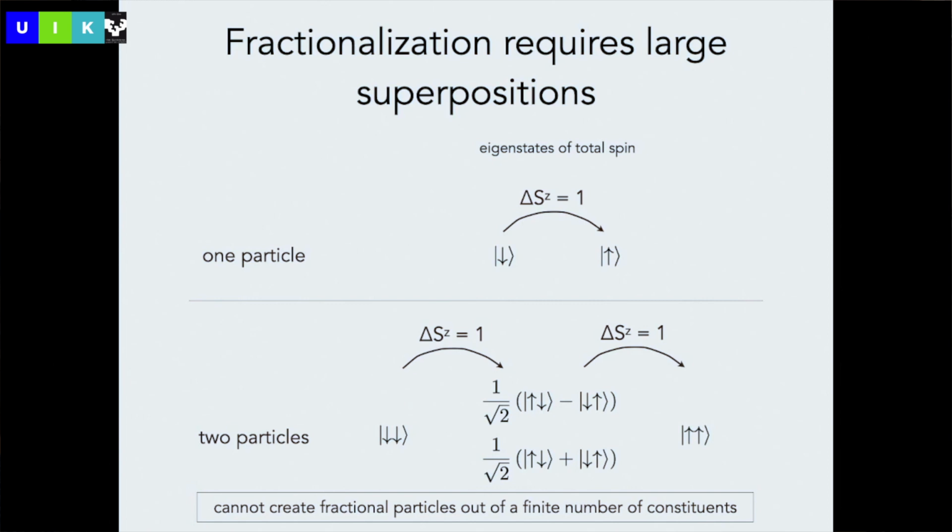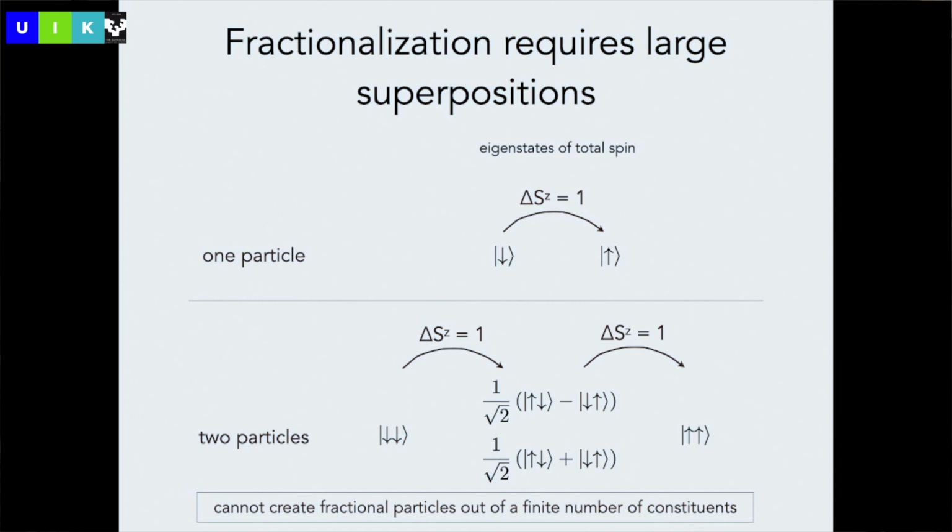And we're thinking about one particle or one site or one qubit, and we go from spin down to spin up. So this is a delta S_Z equals 1 excitation, and really you can't see how you're going to make a fractional excitation out of this single particle. The only thing you can really do is just flip the spin, and the excitation is going to belong to this spin 1 representation.